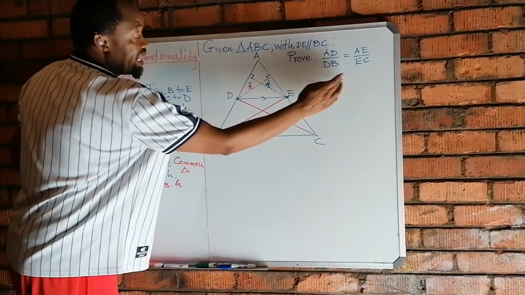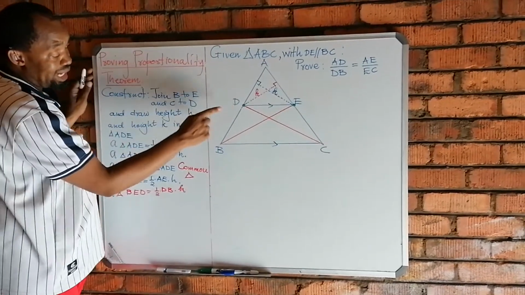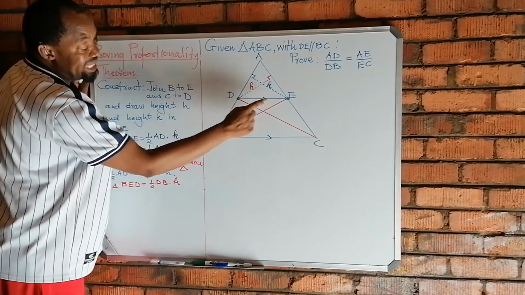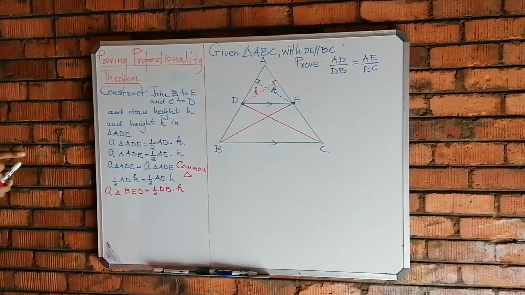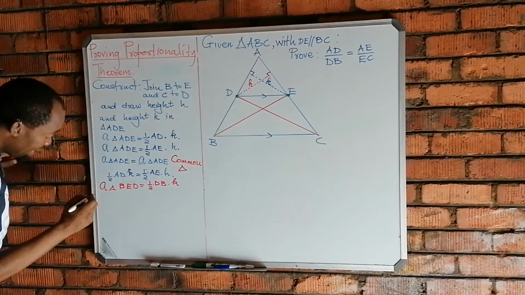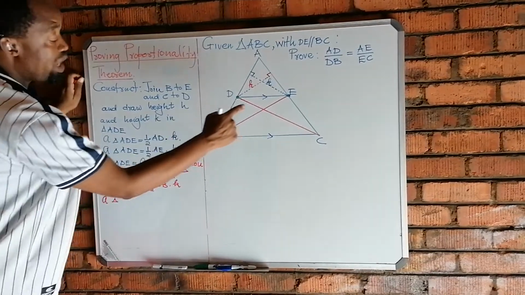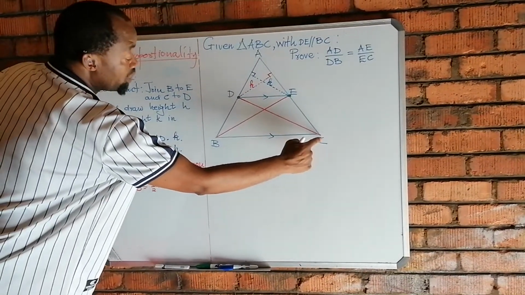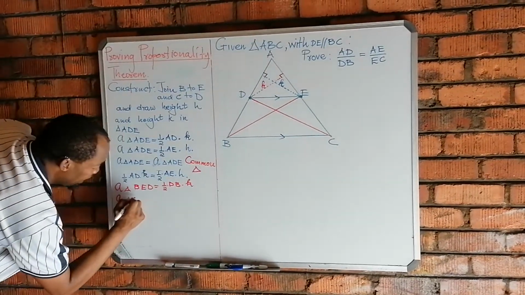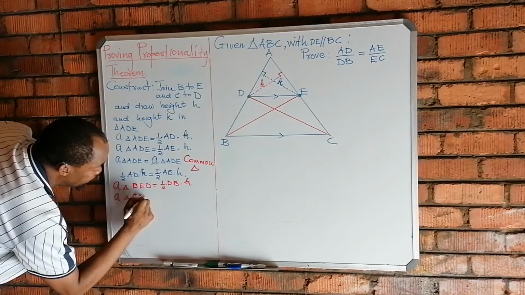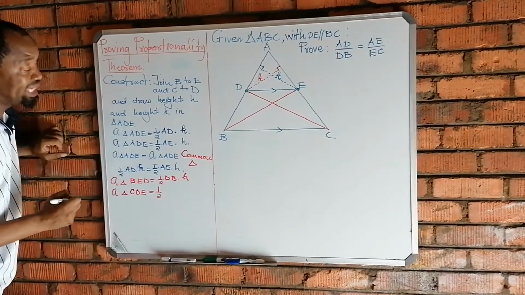Looking on the other side, I need to have EC. Don't forget the fact that points D and E are common vertices to two triangles. I am now taking the area of triangle CDE, which is equal to half base.